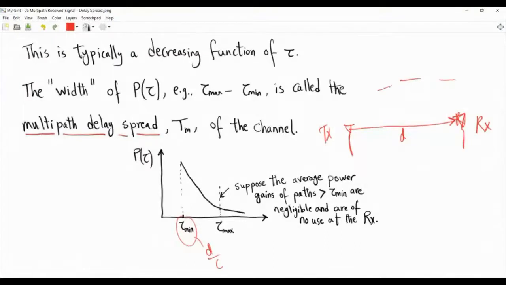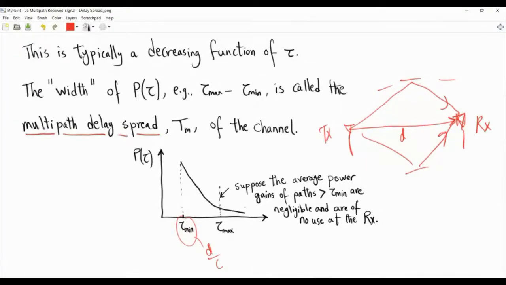There are scatterers here and there, and your signal comes like this, and so on. So you get signals with more and more delay, and typically with increased delay, the average power along the path gets smaller and smaller. If the path is scattered several times, each time it loses some of its power. So you can intuitively see why you have this decay.